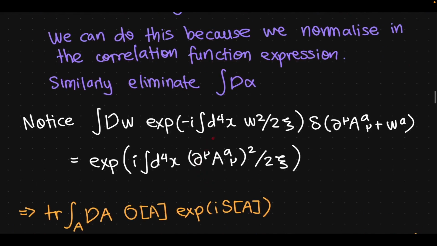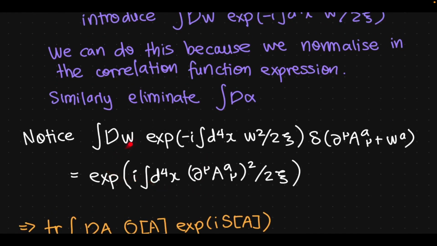The advantage of doing this is that when we evaluate the functional integral over w of the exponential minus i integral d4x w squared over 2c, along with the delta of this gauge condition, which is the derivative of A plus W, the W changes into exponential i d4x, derivative of A, the whole squared over 2c.